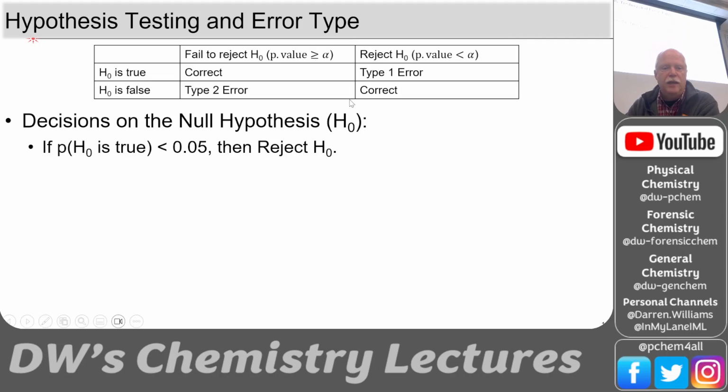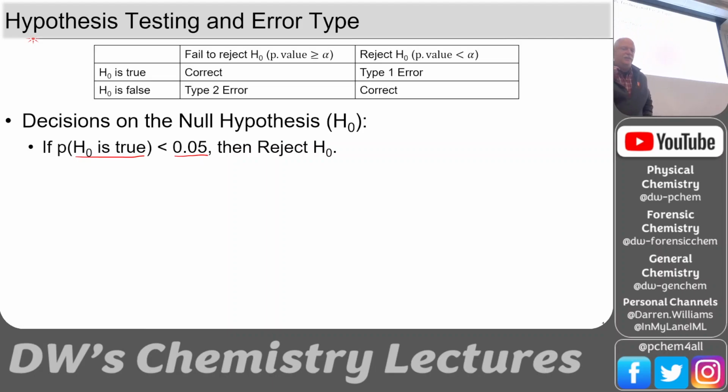So let's look at this. Once we have that null hypothesis, we do a statistical test. And if the probability that the null hypothesis is true is less than 0.05, in other words, 5% chance, then we reject that null hypothesis. So it's a pretty stringent test.